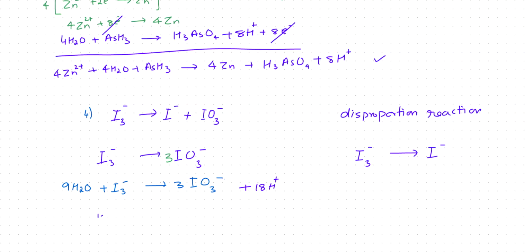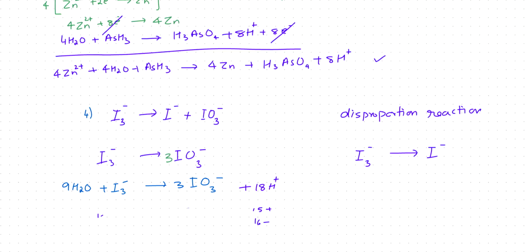So 3 negative and 3 positive, they neutralize. So remaining here 15 positive charges. So to here one negative charge we have. To balance this, we add 16 negative charges. You can check and see one negative cancels. So remaining here two negative charges.